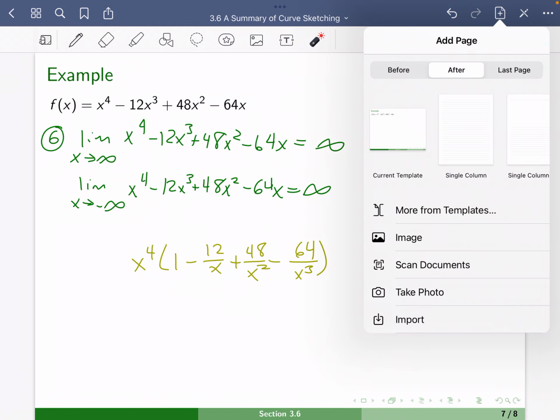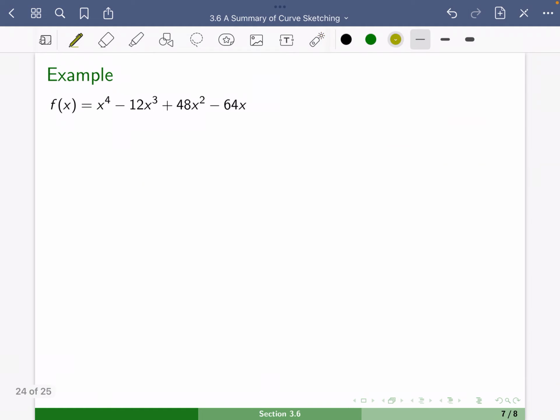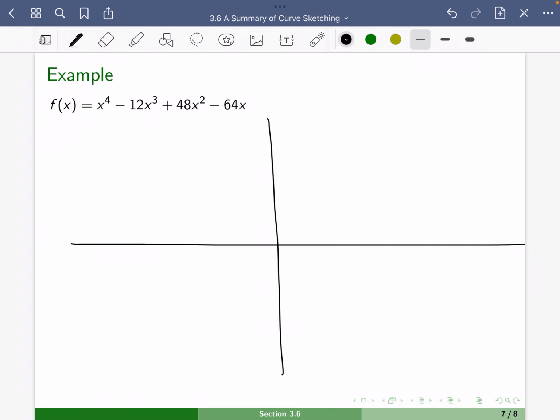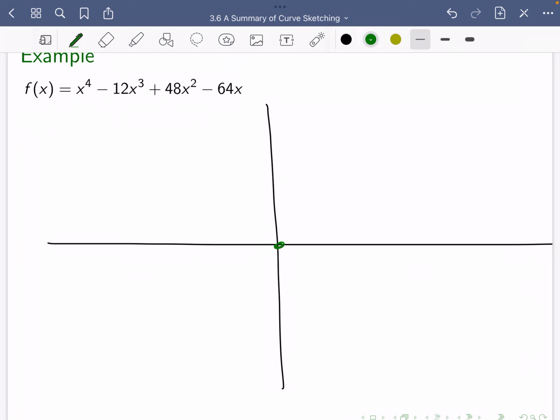All right, so now let's put it all together and graph this thing. So our graph, we had a point at 0, 0. Then 1, 2, 3, 4.